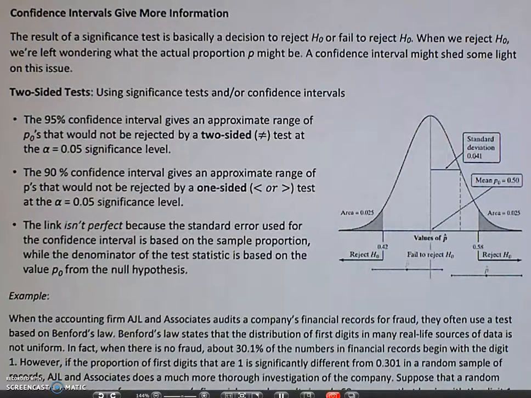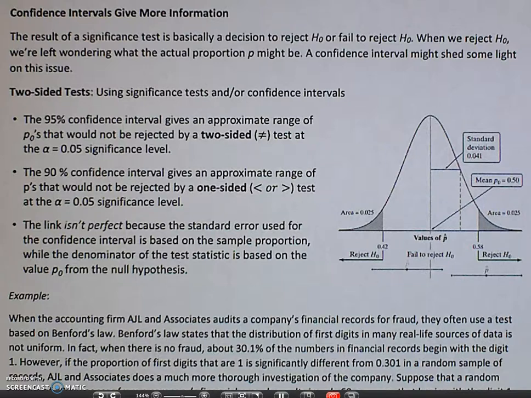A 95% confidence interval gives an approximate range of p sub zeros that would not be rejected by a two-sided test at the alpha equals 0.05 significance level. A 90% confidence interval gives an approximate range of p's that would not be rejected by a one-sided test at the 0.05 level.